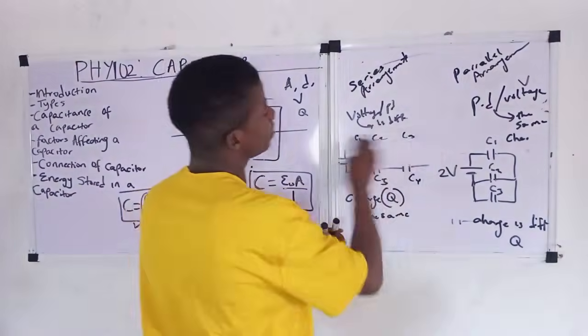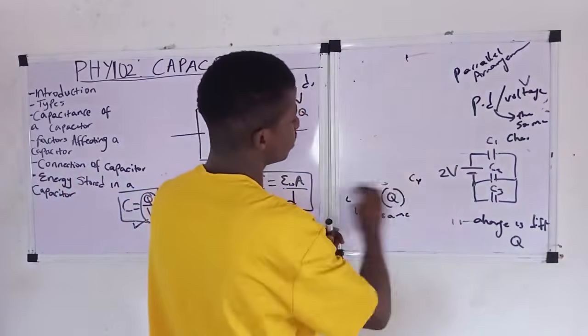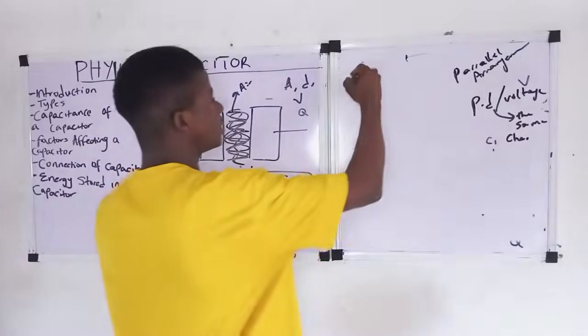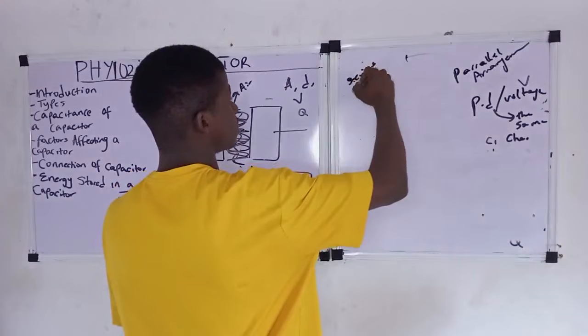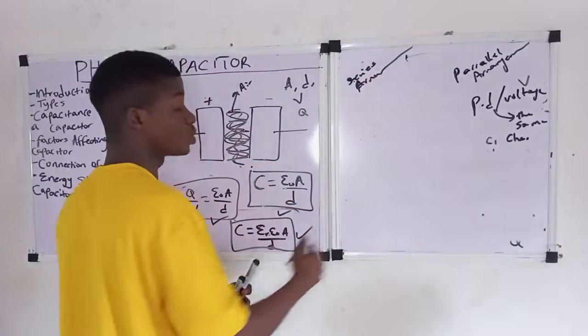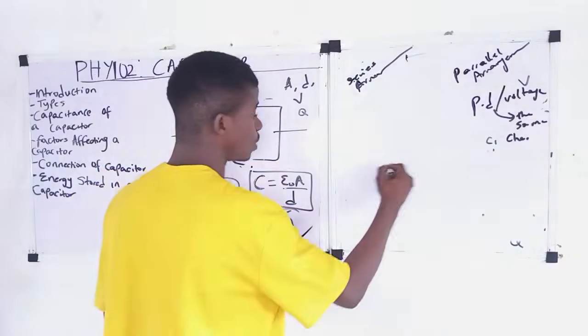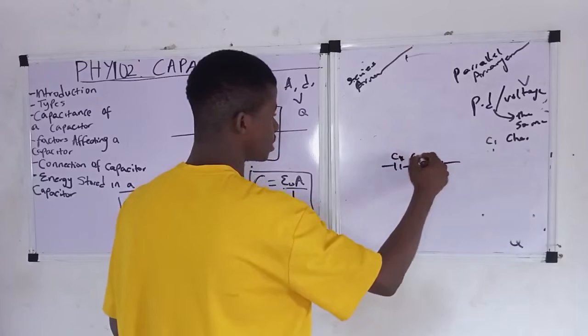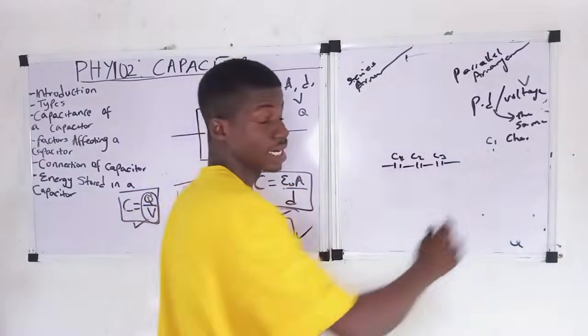So let me give you the formula. Now in series arrangement, to calculate the total capacitance of the capacitors, let's say, for example, these are the capacitances: C1, C2, C3. This is in series arrangement, right?